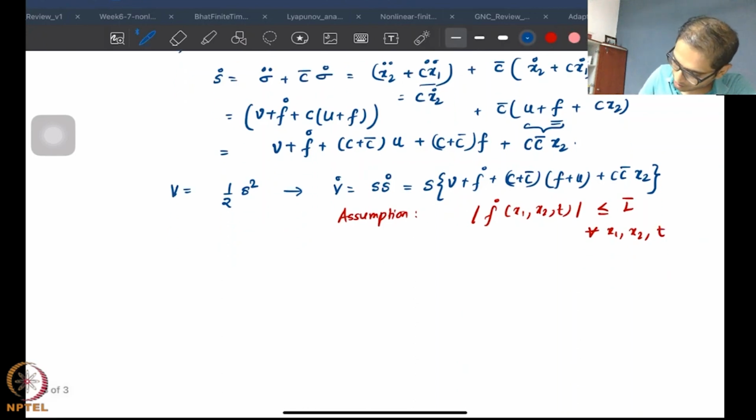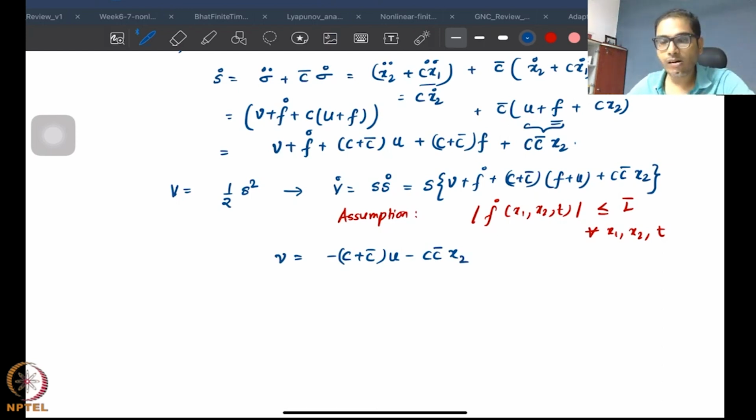And we start off by choosing the control v as minus c plus c bar u minus c bar x2, and what else?